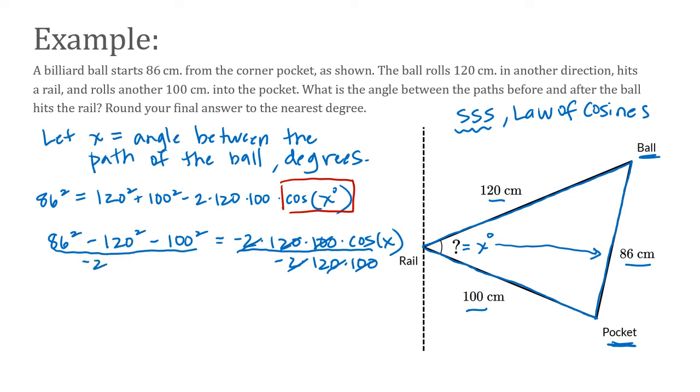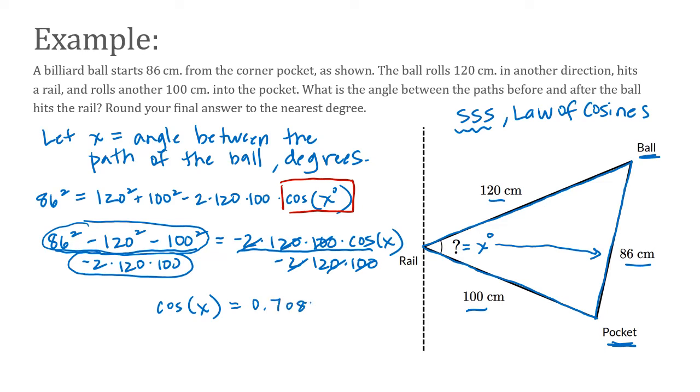And you'll notice that I could probably multiply those out and write just one number, but I can also just put this whole numerator into my calculator and divide it by this whole denominator to end up getting that the cosine of x is equal to, when I put that all in, I got 0.7085. Now that's not the answer for the angle, that's the cosine of the angle.